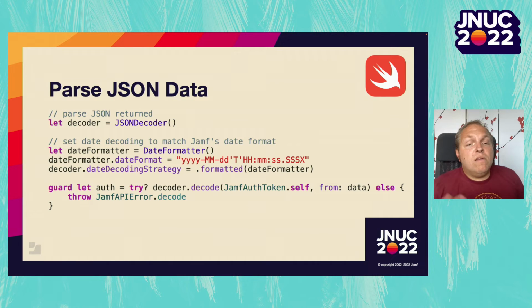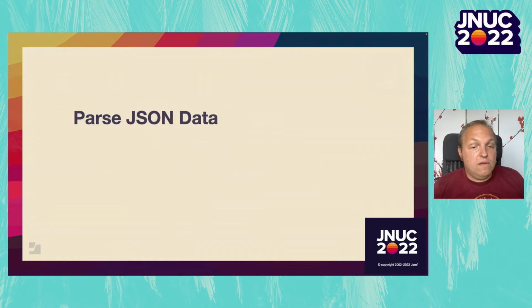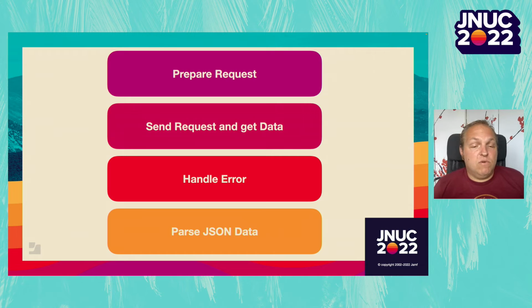And because I want a date object, and JSON doesn't actually have date objects, it has strings that look like dates, I need to tell the JSON decoder what its date decoding strategy is. And I need to give it a date formatter for that case. And this is the one that the Jamf Pro API uses. So that's what the extra code is. It looks a bit confusing at first, but it's right there, and it's actually really great.